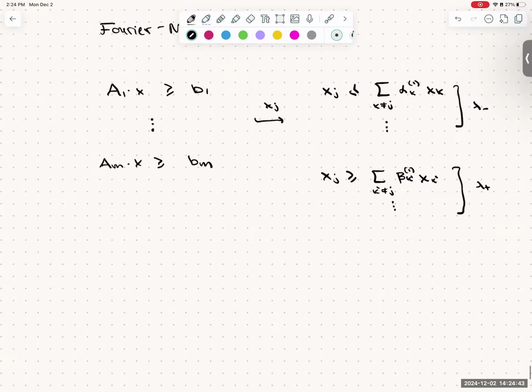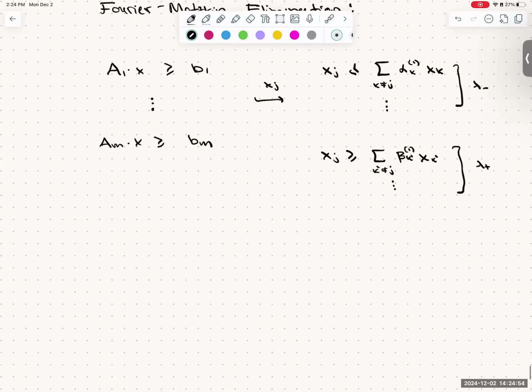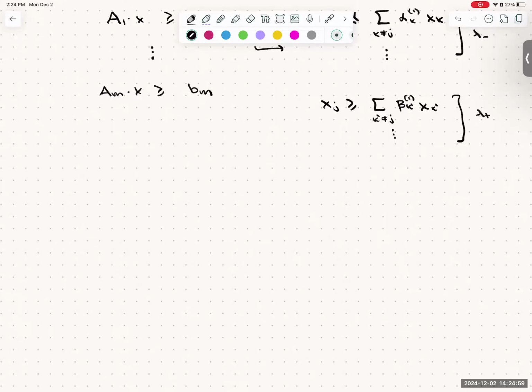So what happens is the way that I eliminate these: if it was Gaussian elimination, I would not really need to do this. You just solve for xj, and then you set the expressions equal to one another. But here it doesn't quite work like that.